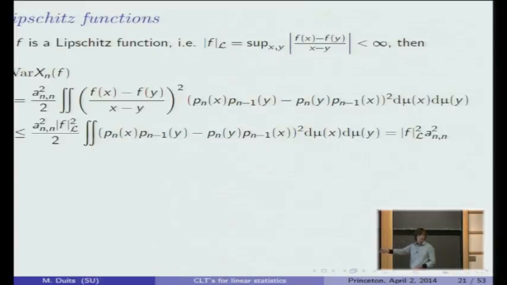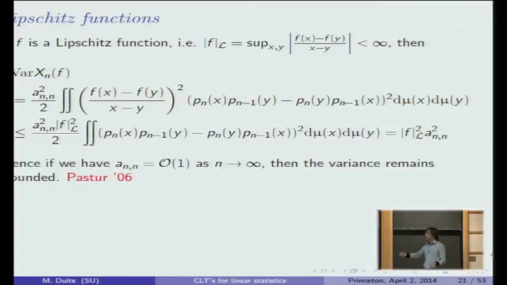But I can square this, use the orthonormality, and this gives me just the Lipschitz constant squared times a_n. So this means that if the recurrence coefficients a_n are bounded, then the variance remains bounded. I should mention I have seen this exact computation by Pastur in a paper in 2006. Maybe there's an earlier reference, but it's a standard thing.